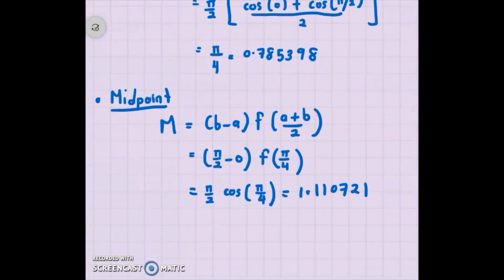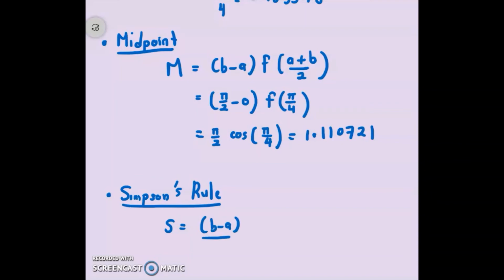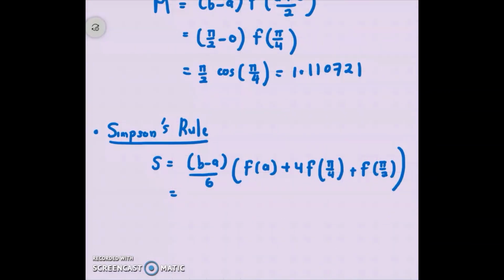Now let's try, I think I have a little bit more time, let's try Simpson's rule here. I hope Simpson's rule gives us closer to the solution. So we have b minus a over 6, times f a plus 4 f of a plus b over 2, which we know is pi over 4, plus f b, where b is pi over 2. Okay, so a is 0, cos 0 is 1.